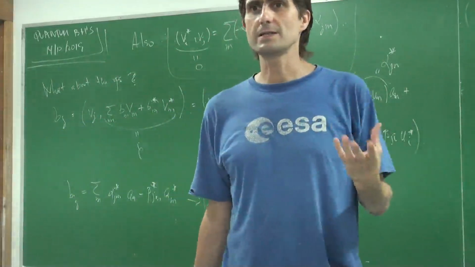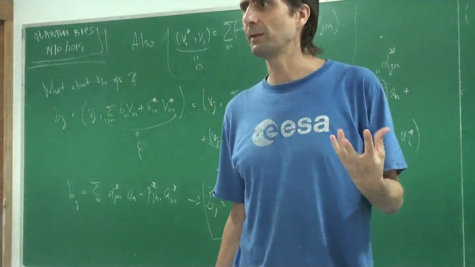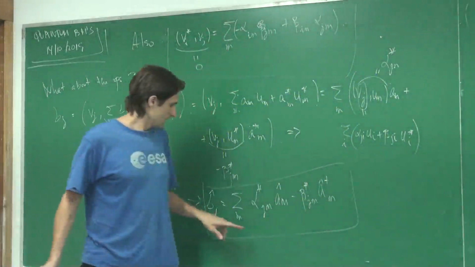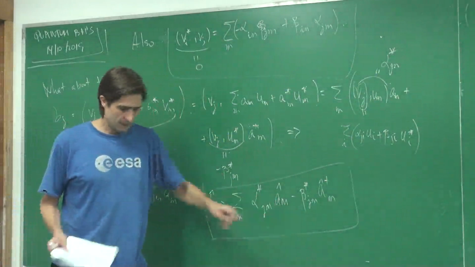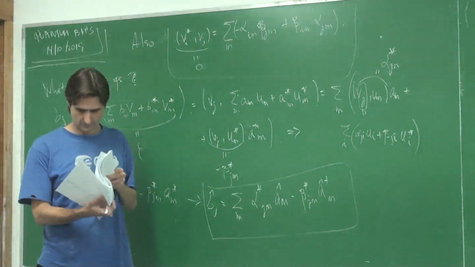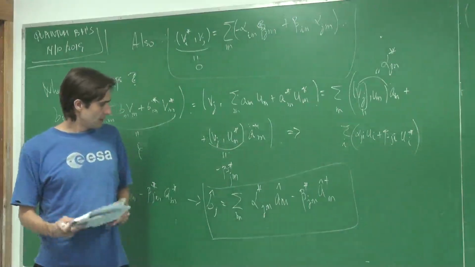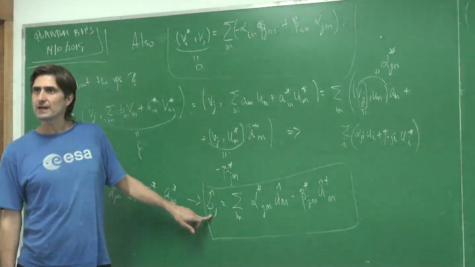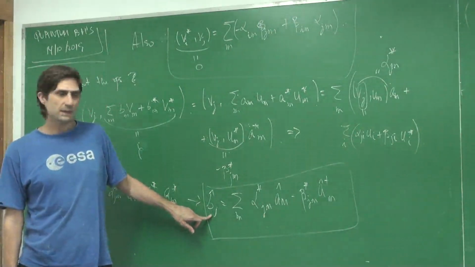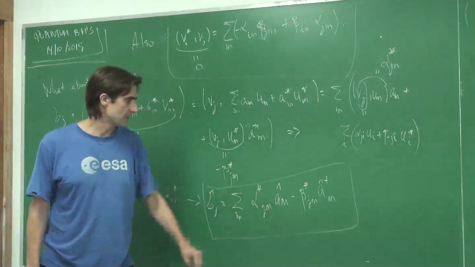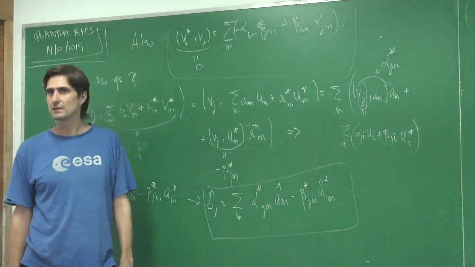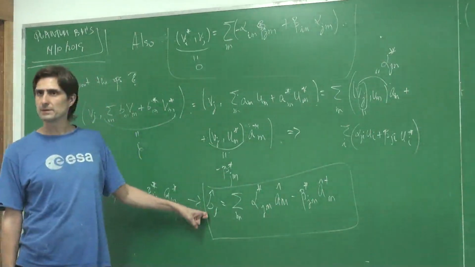So you can already see that a little bit of magic has happened here. If the Bj annihilates a certain quantum state, doesn't mean that that state is annihilated also. Or let me rephrase it. If a certain state is annihilated by the A's, is it also annihilated by the B's?